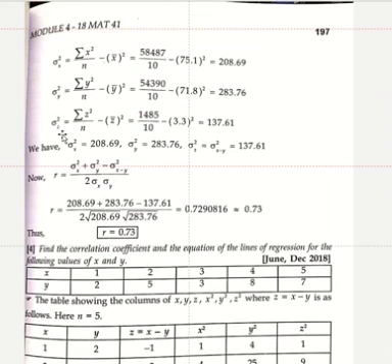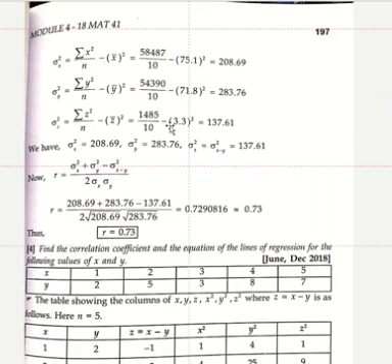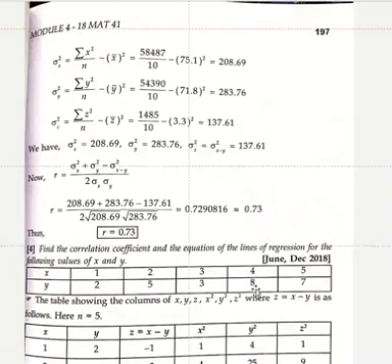Similarly, sigma z whole square is equal to summation of z square. The summation of z square is 1485 divided by n is 10 minus z bar whole square. Z bar is 3.3. Therefore, 3.3 whole square. After simplification, we get 137.61.